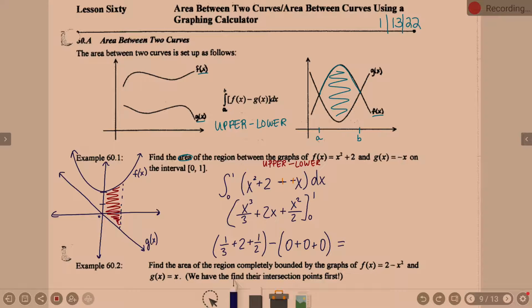You don't have to write 0 plus 0 plus 0, but that's just, you know, the visual. 1/3 plus 2 plus 1/2. Yep. So 2/6 and 3/6 is 5/6. So my brain went to 2 and 5/6.